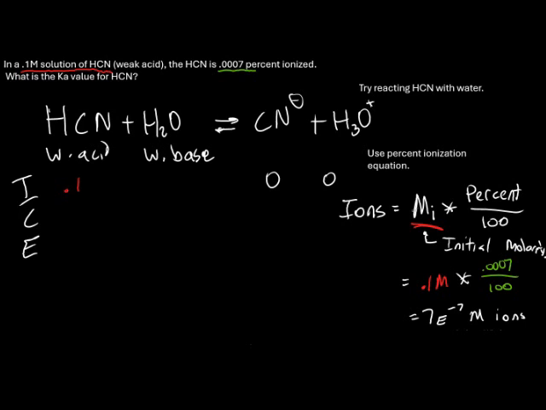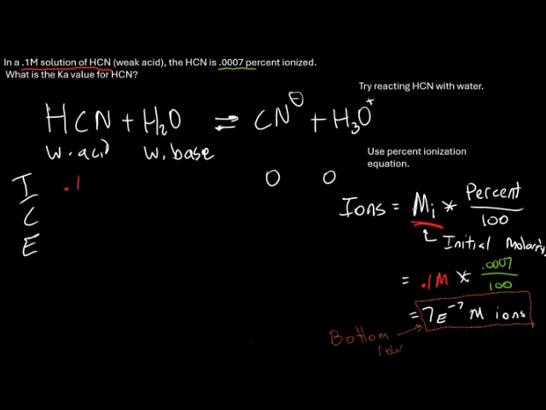This answer that we just found using the percent ionization equation does not tell us what's on the initial line, but rather what's on the equilibrium line. Therefore, in the table, it will go on the bottom row. We will place 7 times 10 to the negative 7th on the bottom row for both CN negative and H3O.